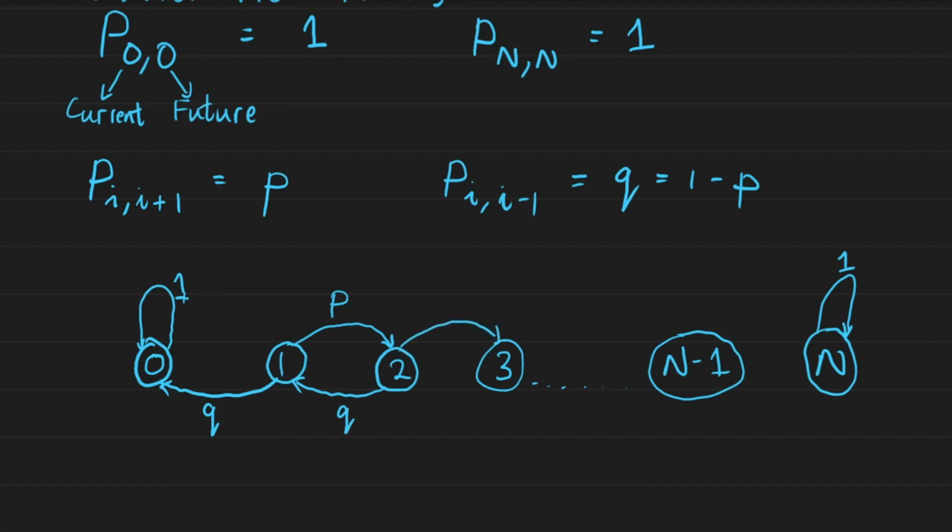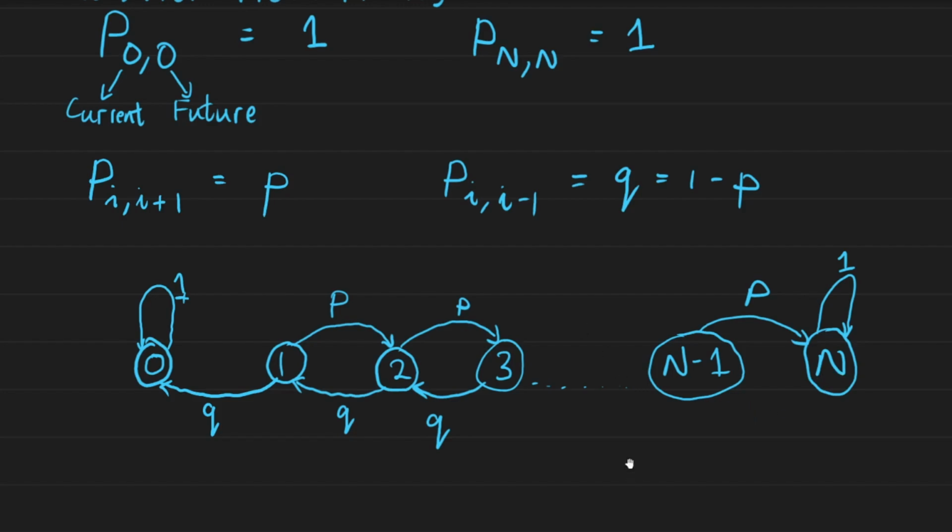So we can write the rest of the Markov chain like that. And then the probability of going from n minus 1 to n is p. And it remains like that. So you can see that it's an absorbing state Markov chain because there is no transition probability from 0 to 1, and there is no transition probability from n to n minus 1.